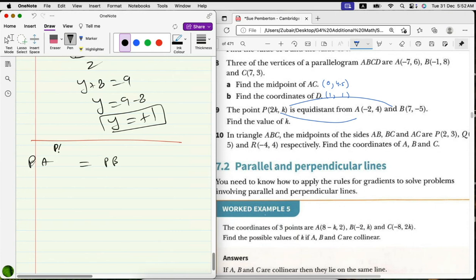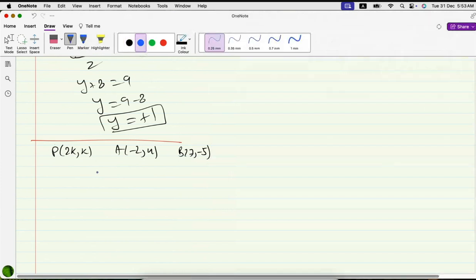P is given as k comma k. A is minus 2 comma 4 and B is 7 comma minus 5, and P is equidistant from these 2 points. So that means PA is equal to PB.